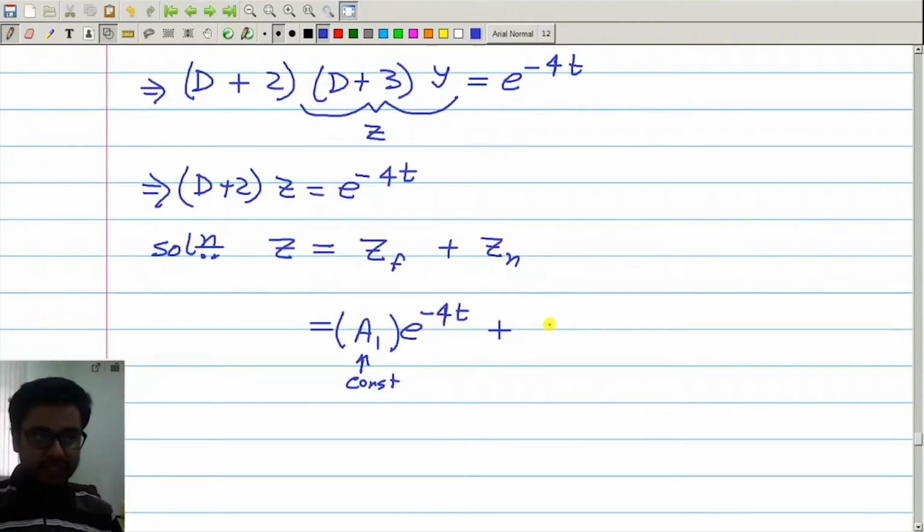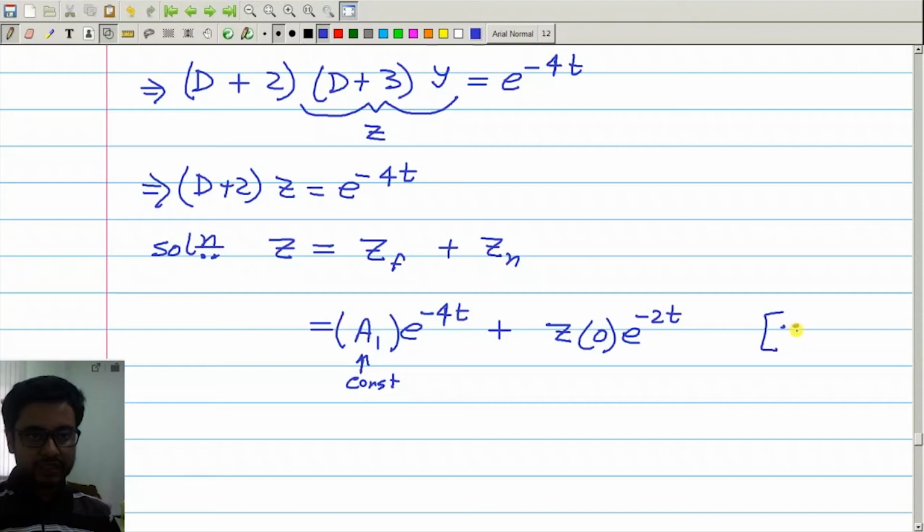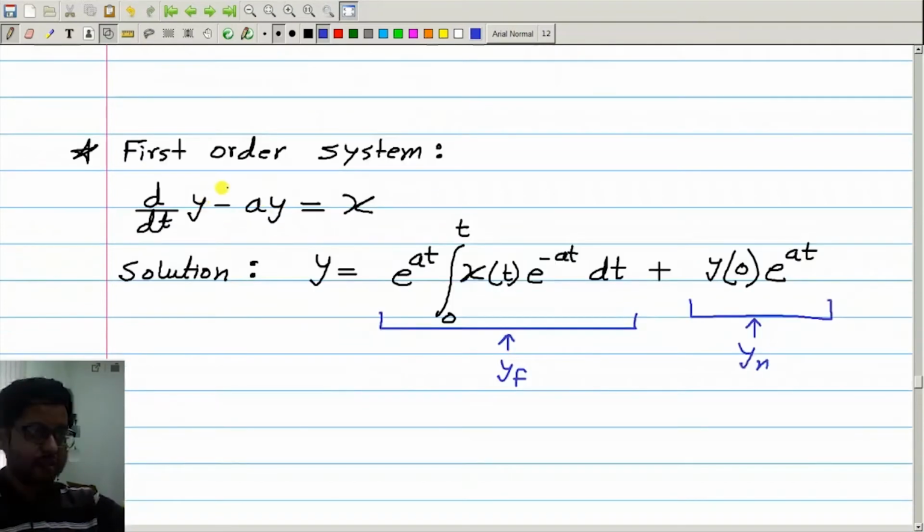So in this case it will be z0 e to the power minus 2t, since here a is equal to minus 2, comparing with the standard form here.